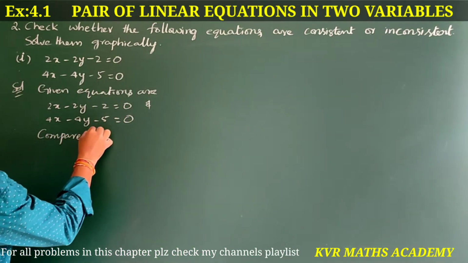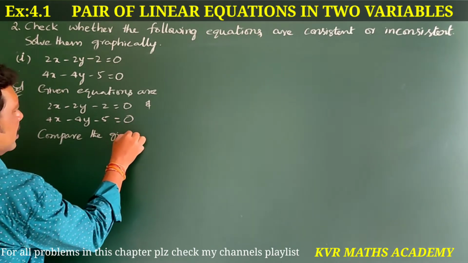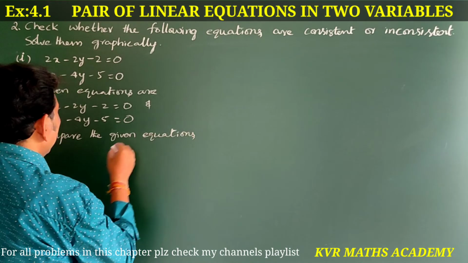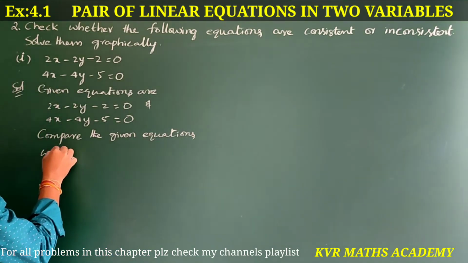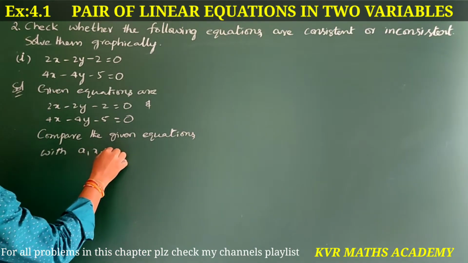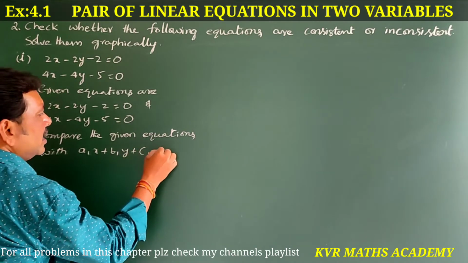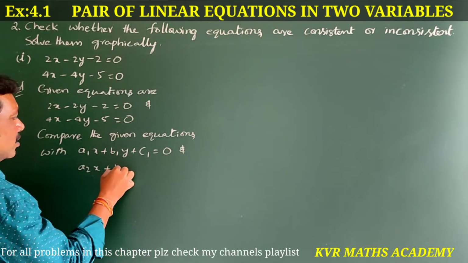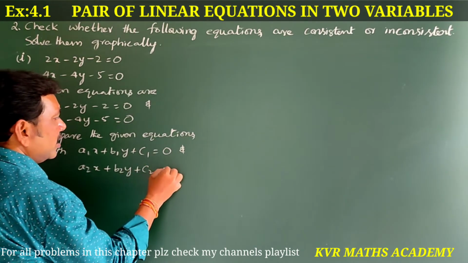Compare the given equations with a1x plus b1y plus c1 is equal to 0 and a2x plus b2y plus c2 is equal to 0.